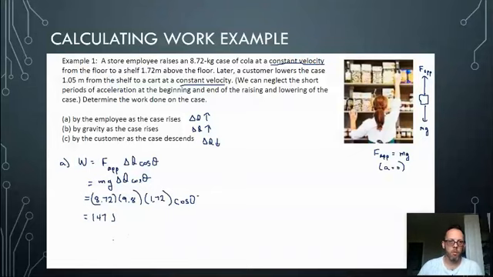Now you may be wondering, if energy is being added to that system by the employee, what is happening with gravity? What's it doing? Well, in part B, we have the work done by gravity as the case rises. Well, that work done is just mg delta D cos theta, and we'll have a different value for theta here.